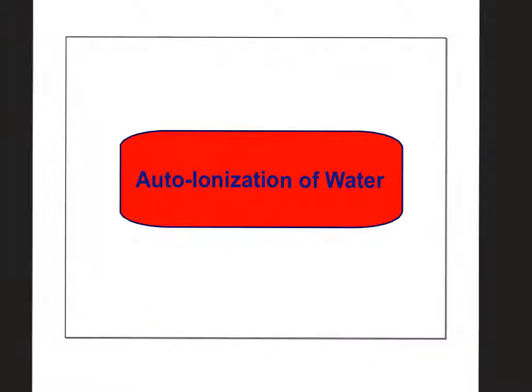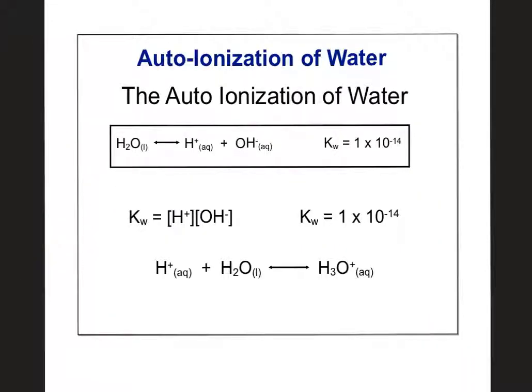All right, we're going to look at the autoionization of water, which sounds really scary, but I promise it's not. I'll show you. The autoionization of water is that liquid water is at an equilibrium, so we have our back and forth arrows here between the H+ ion, the OH- ion, and the liquid water. So it's constantly breaking down into the ions and then reforming water.